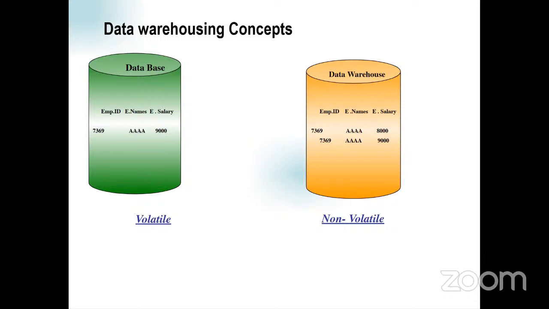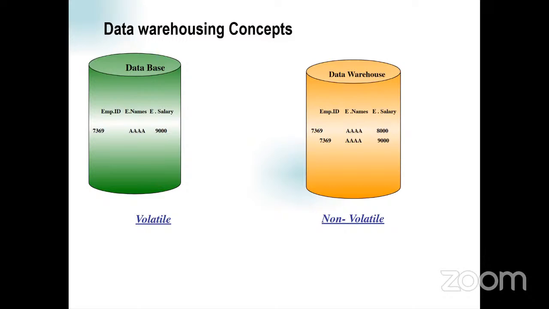Every day the data operations will be truncate and reload. The transactions that were performed yesterday will be moved to the data warehouse, so that data won't be there today.